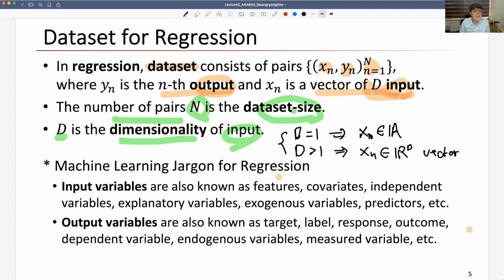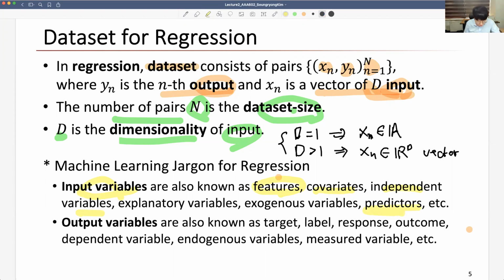Okay, so this is the general setting of the data set. In machine learning, the input variable or the input data set is also known as the features, the covariate, the independent variable, predictor, something like that.